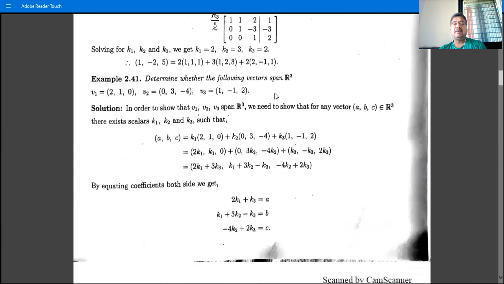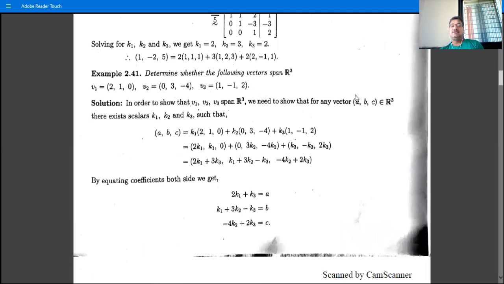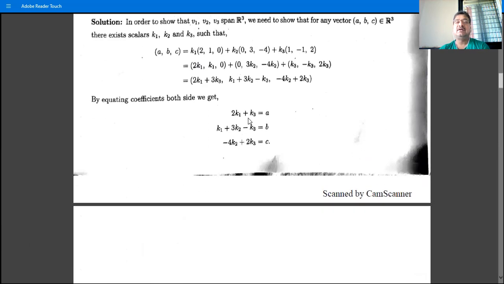So we apply the same procedure. We have to try to express this (a, b, c) as a linear combination of these three vectors. So apply the definition of scalar multiplication. Then after applying the definition of vector addition of three vectors, we have 2k1 + 0 + k3. It is not 3k3, just k3.